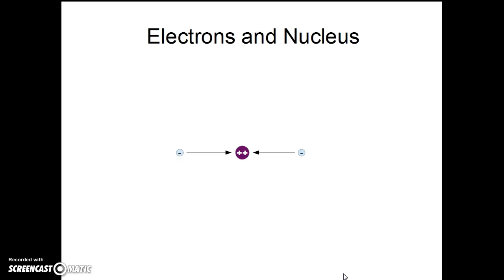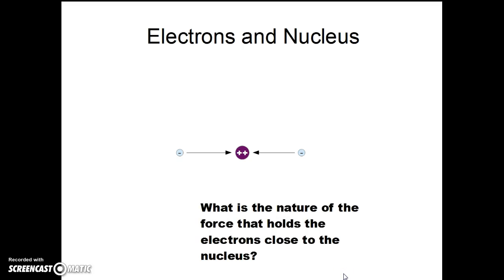If we see this diagram of electrons in the nucleus, we ask, what is the nature of the force that holds the electrons close to the nucleus? And I think you'll immediately see that that is a Coulombic force that is holding the electrons to the nucleus.